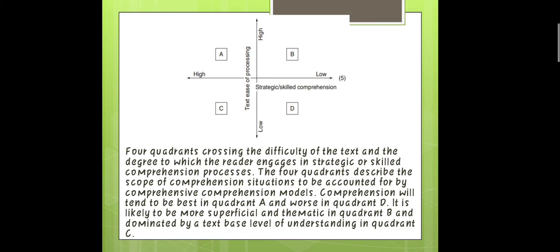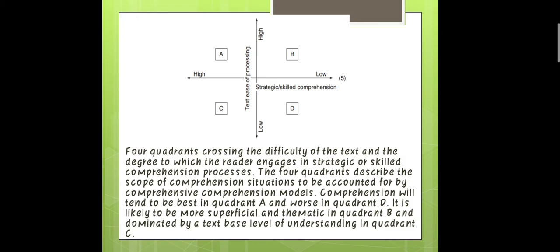Comprehension will tend to be best in quadrant A, where the difficulty of the text is high and the strategic process of comprehension is also high, and it is worst in quadrant D, where the difficulty of the text is low and the level of strategic comprehension is also low.